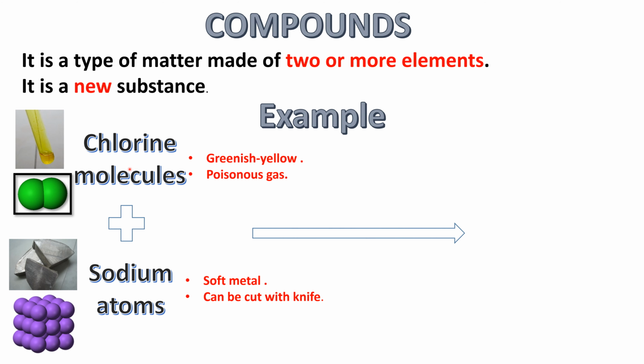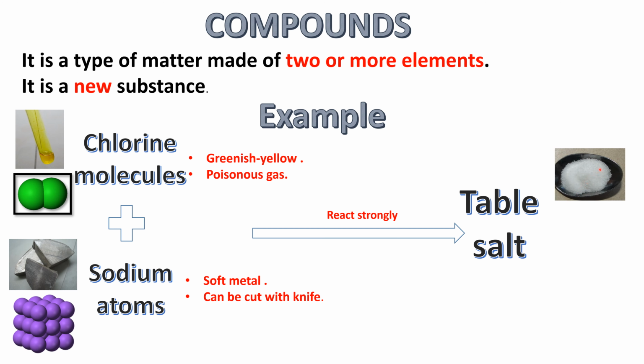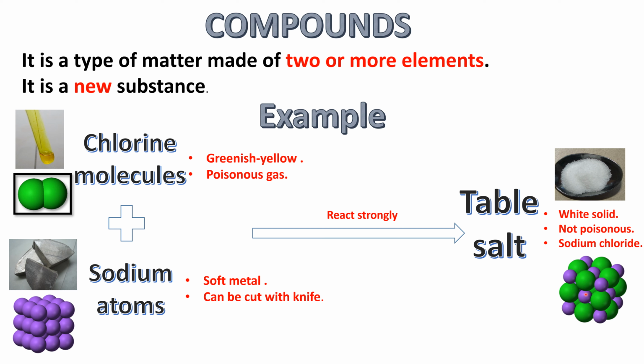When they react with each other, they react strongly and then produce table salt. This is ordinary table salt, and these are the particles. It is a white solid, not poisonous, and it is sodium chloride.